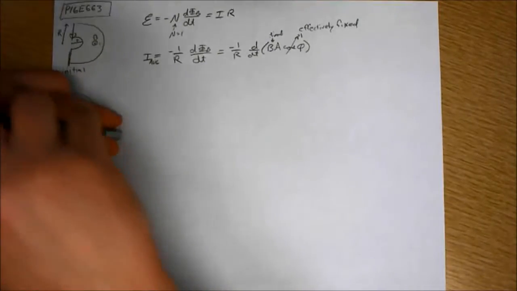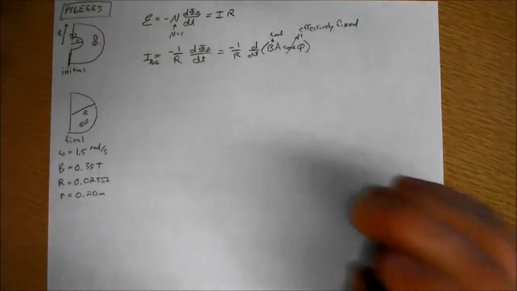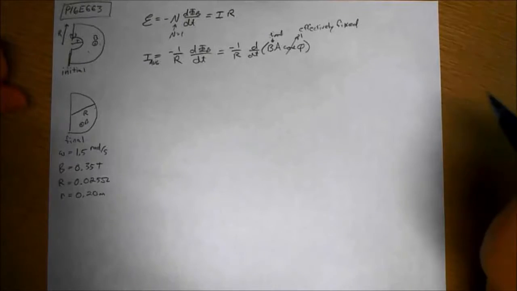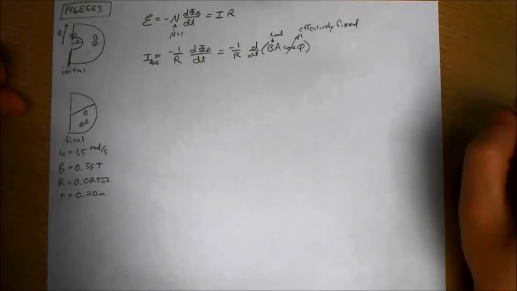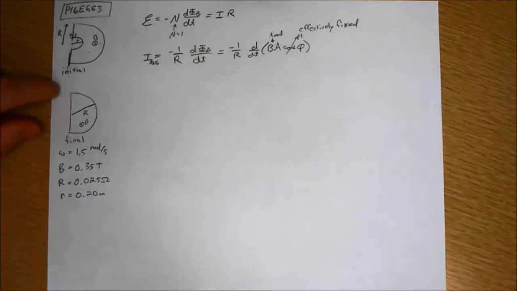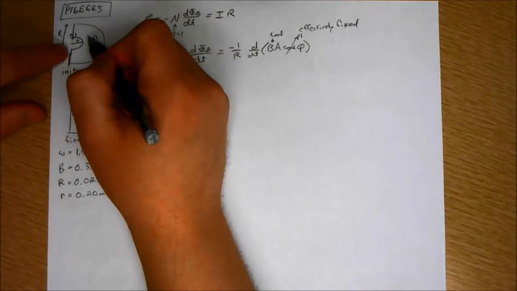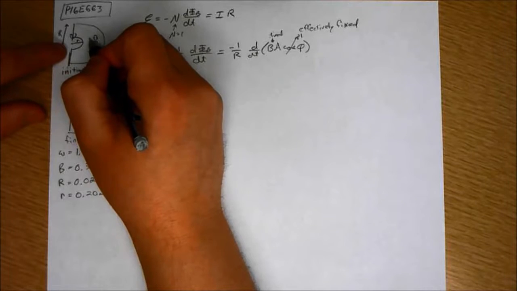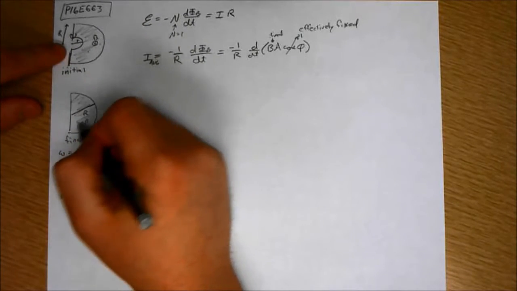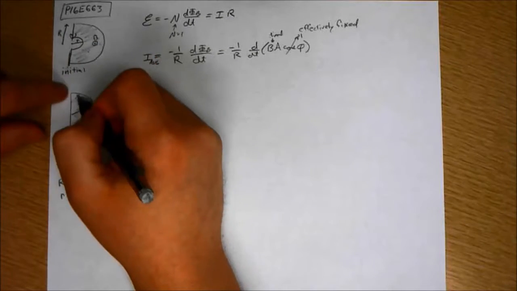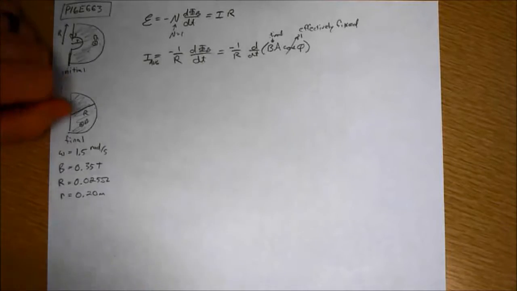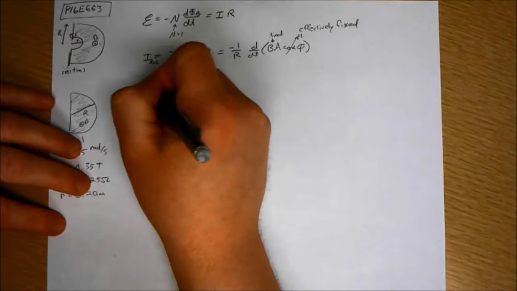It's spinning around, so it's changing. But we just want to know from here to here what the average induced current is. So I'm going to say this is effectively fixed, whereas this is the angle of the area normal vector of this whole effective loop, which is the same. It's just been pulled out a little bit and the area has changed. I hope that makes sense. You could work it either way.